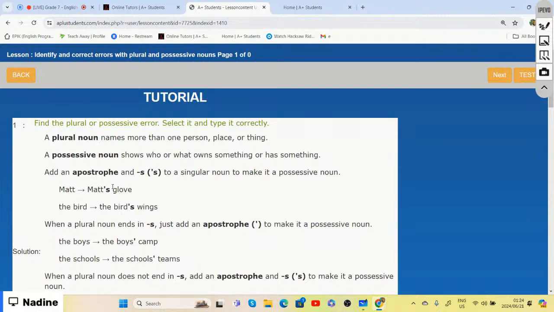All right, so if we look at the first one once again, it says add an apostrophe as well as an s to a singular noun to make it a possessive noun.